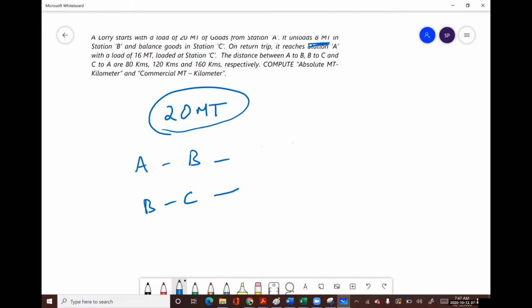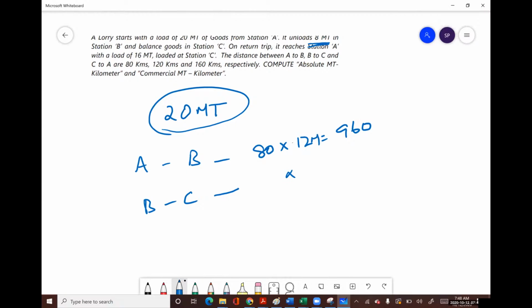A to B, how many kilometers? 80 kilometers, you're right. 80 kilometers into how many metric tons? 12, correct. That is 960. Now, from B to C, how many metric tons?